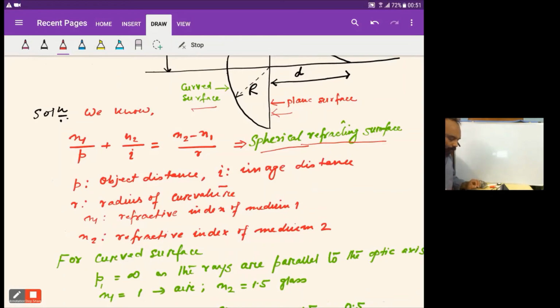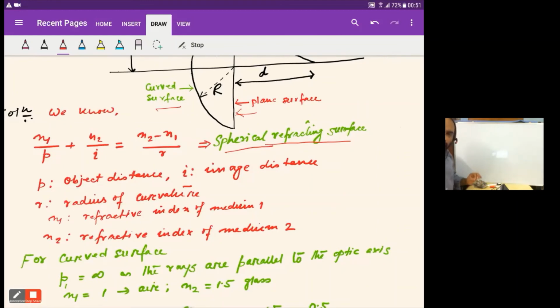For the curved surface, we are considering p1, which is infinite because the rays are parallel to the optic axis. That means the object is at infinite distance, because we know that when rays are coming from an object located at infinity, the rays are assumed to be parallel to the optic axis.